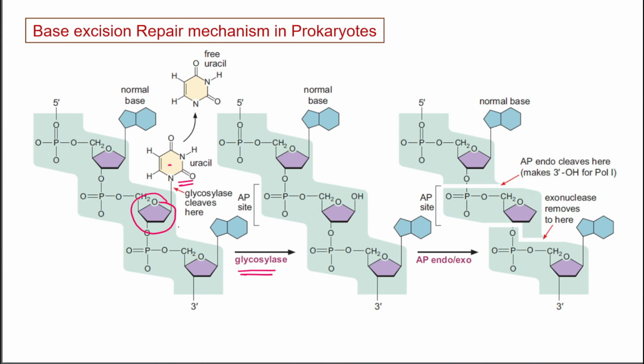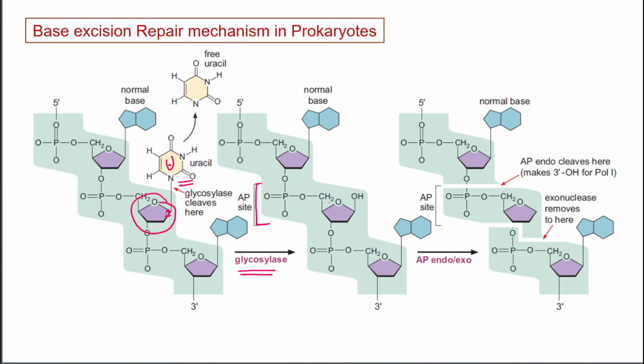The 1' carbon on the deoxyribose is connected to a nitrogenous base, here uracil, by a glycosidic bond, and this bond is clipped by the DNA glycosylase. Uracil is removed from the DNA backbone and leaves an AP site. AP site means apurinic or apyrimidinic site, meaning without a purine or pyrimidine base.